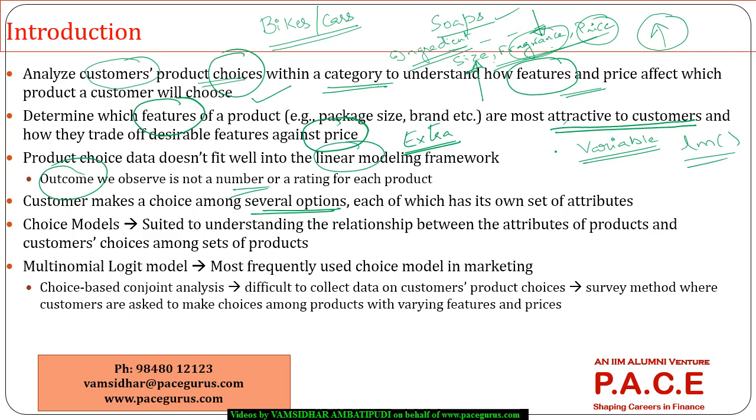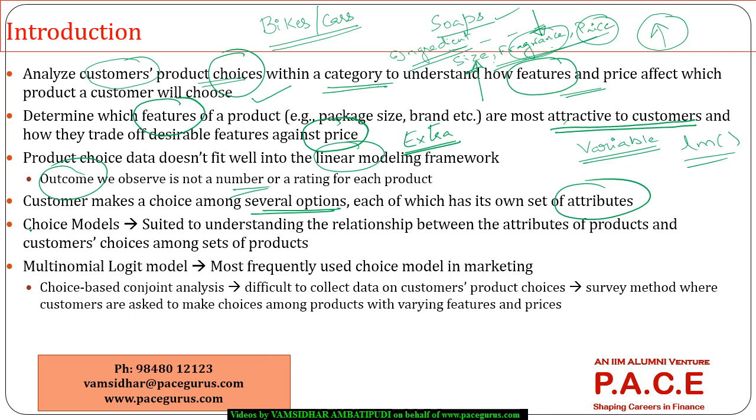Each soap has its own set of attributes, based on which each customer is making a choice on the various features that are available. Now our intention is, based on the choices the customer is making, to extract those attributes, those features which are really being desired by the customers.